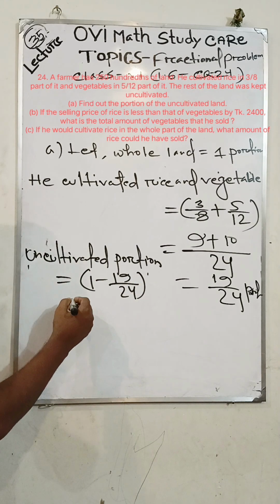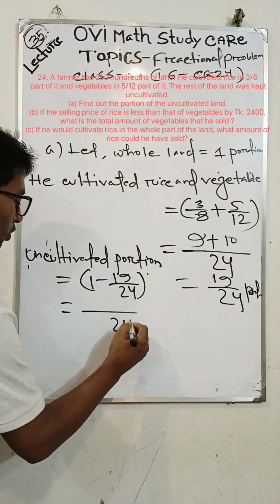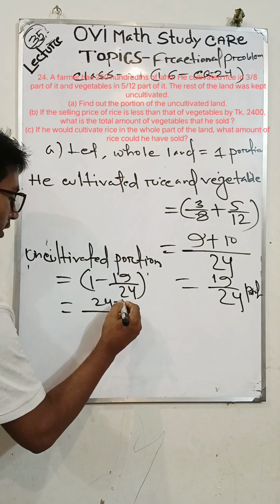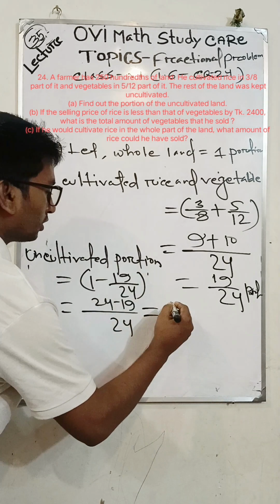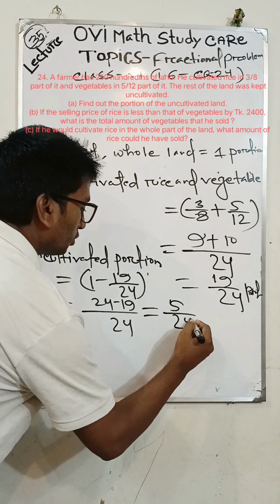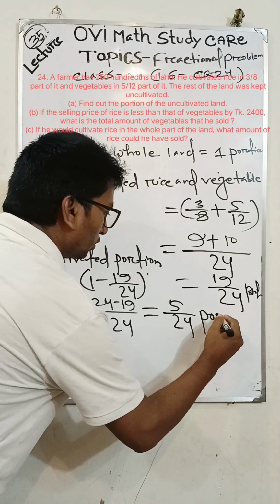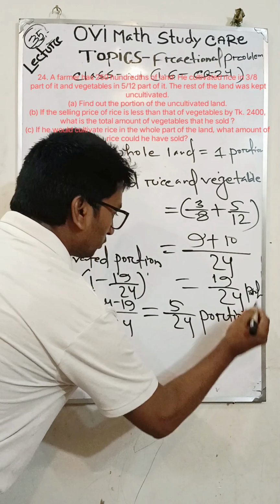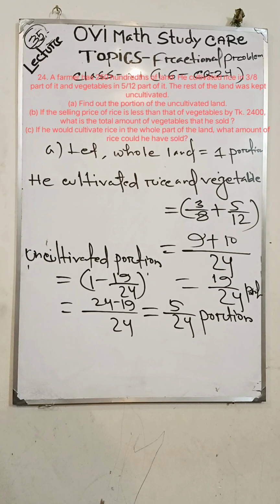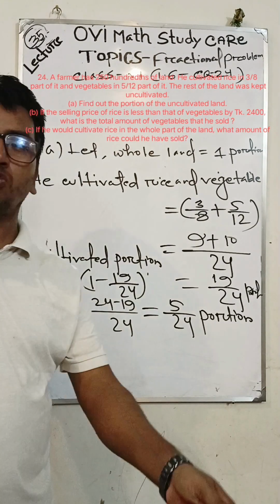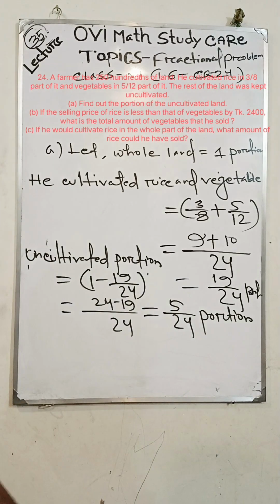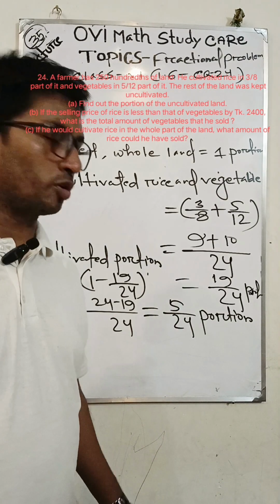That means it will be 24 minus 19, which becomes 5 by 24 portion. This is the actual answer. The question wanted the portion: how much portion is uncultivated?